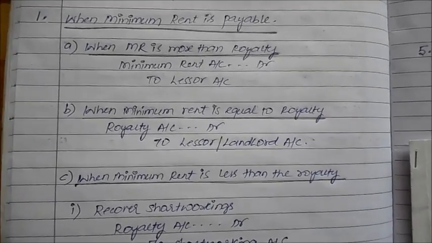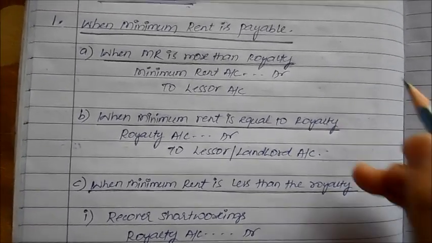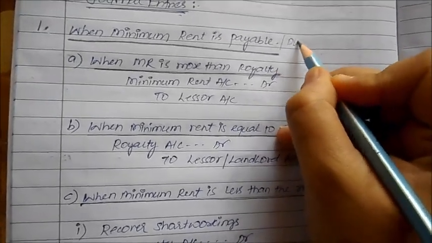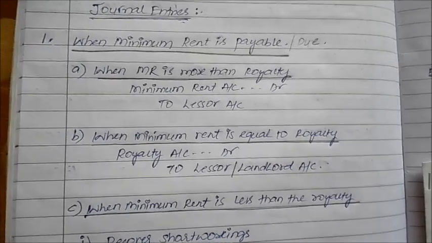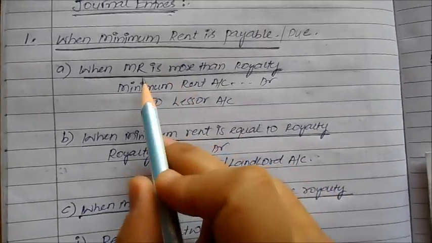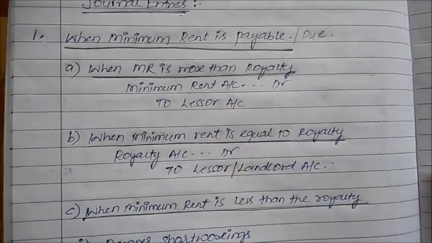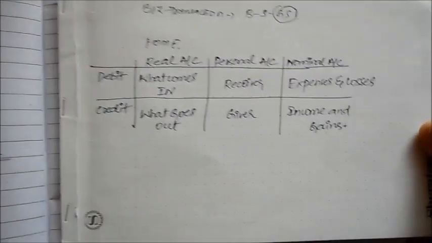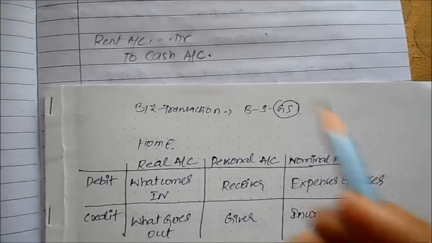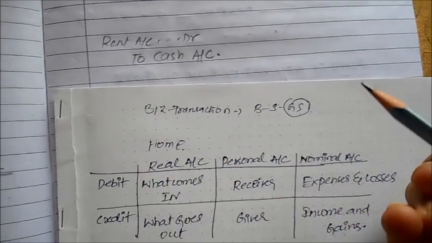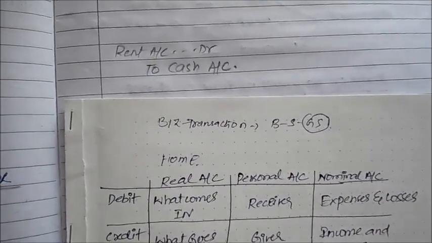Whenever it is payable, or due, what could be the journal entries that we are recording? Firstly, there could be a possibility that the minimum rent is more than the royalty. How do we understand this journal entry? For example, if we are paying rent, what is the journal entry for recording rent?